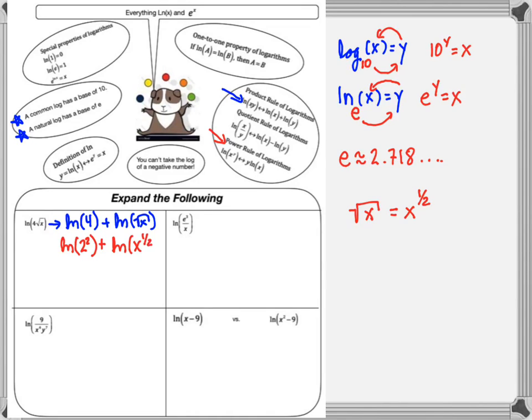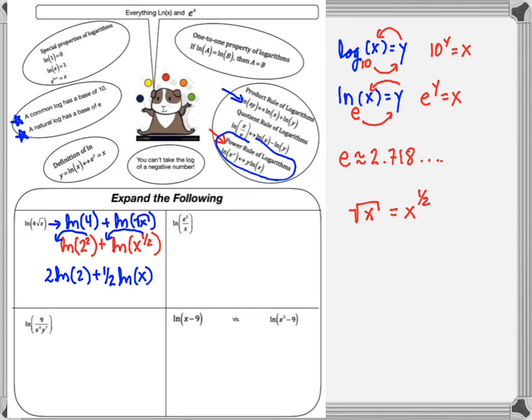So now that I have all the exponents in a spot where I can apply this property right here, this is the way that we're going to do it. So the 2 comes out in front here, and the 1/2 comes out in front here, according to the property, and we get 2 natural log of 2 plus 1/2 natural log of x.